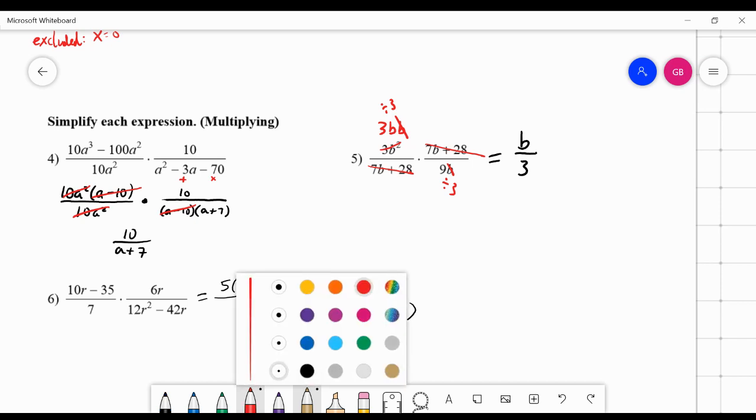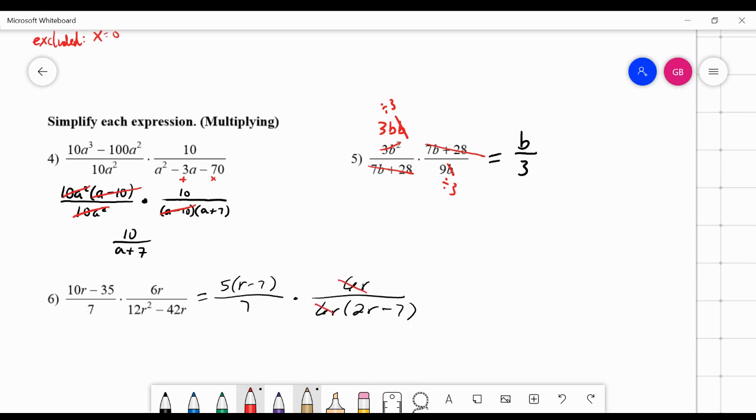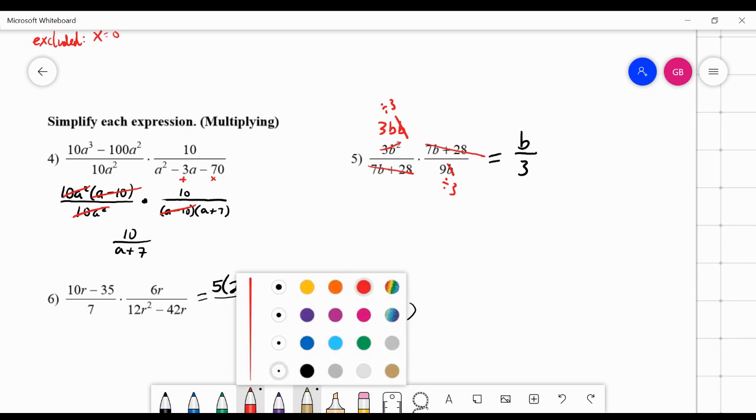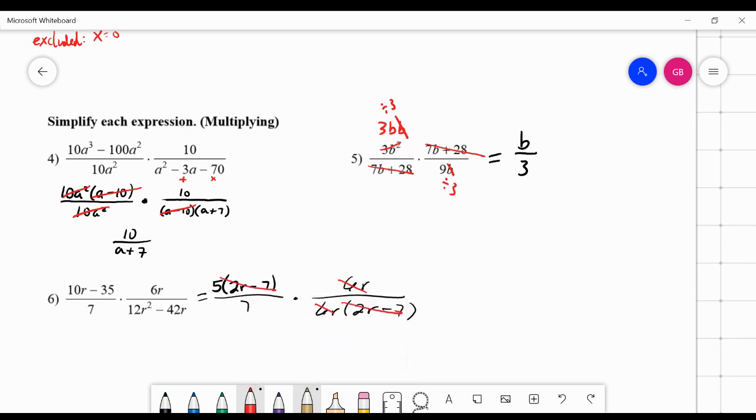So we cross out 6r and 6r. Okay. Oh, and let me just fix a mistake I had. We're missing a 2 here next to this r in the first fraction, right? Because we need to get 10r. So let me rewrite this here. It's 5 times 2r minus 7. Okay. So now we could cross this out and this out. So your answer is 5 over 7.